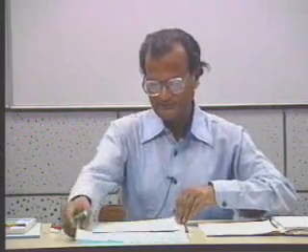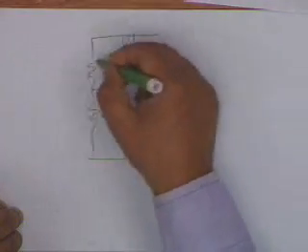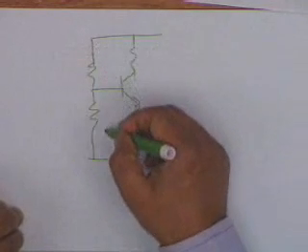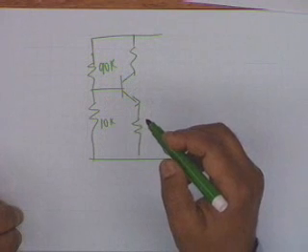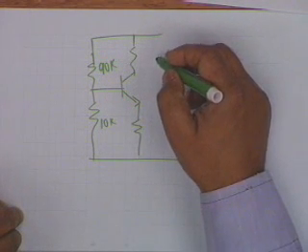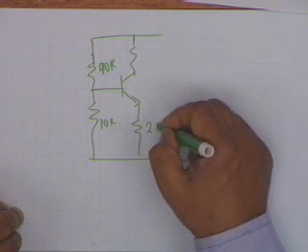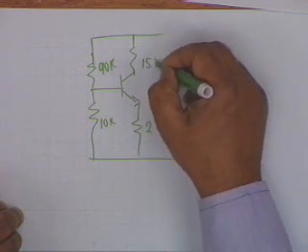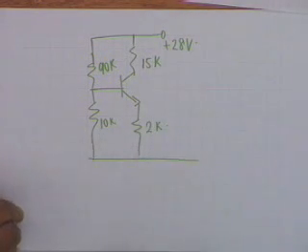The circuit is the usual self bias circuit, and let us say the values are given as 10K, 90K, these are typical values, then RE is 2K, RC is 15K, and VCC is plus 28 volt. This is a typical bias stabilized circuit.